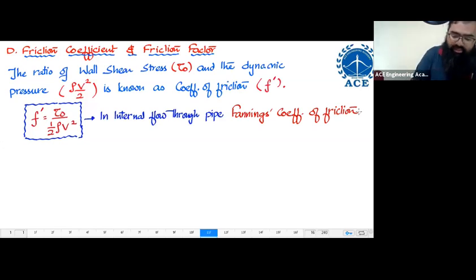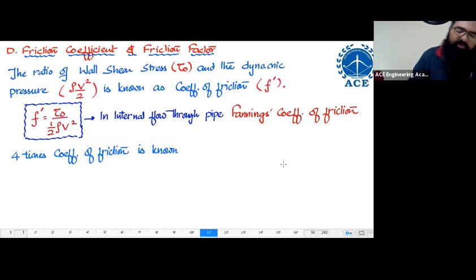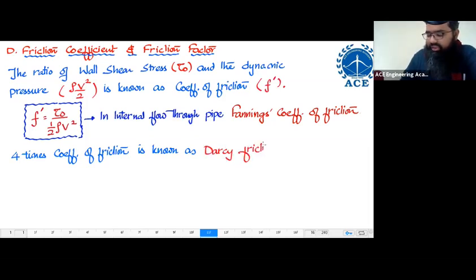Next statement is: 4 times coefficient of friction is known as, and this is important now, Darcy friction factor.